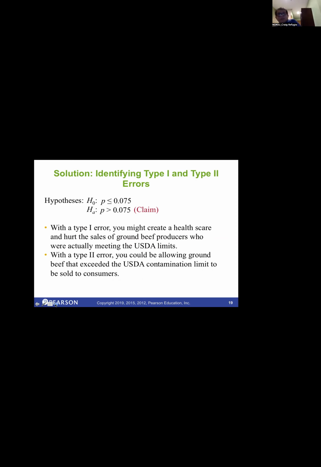With type 2 error, you could be allowing ground beef that exceeded the USDA contamination limit to be sold to consumers. Why?